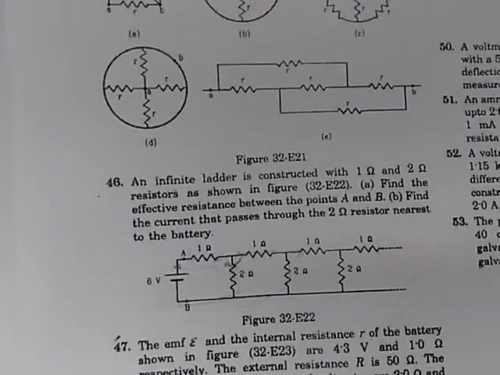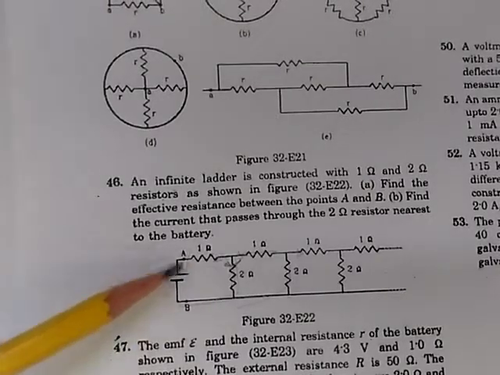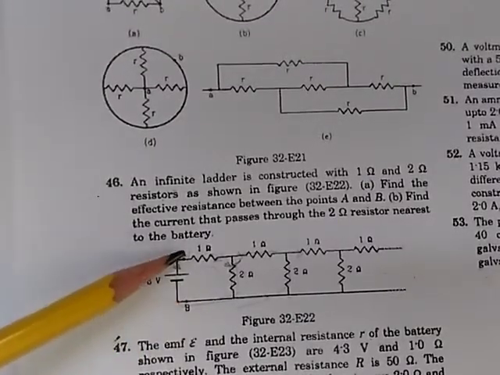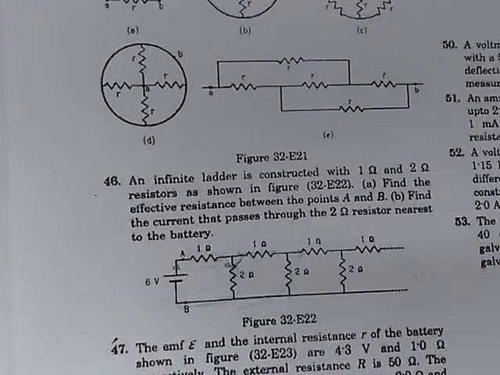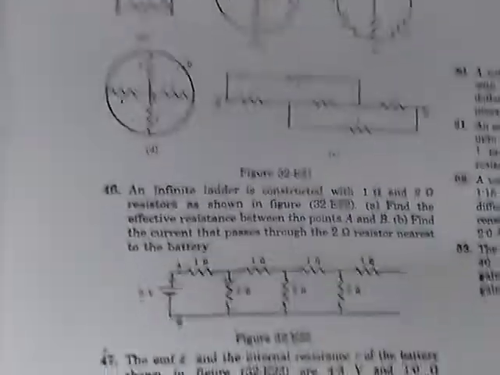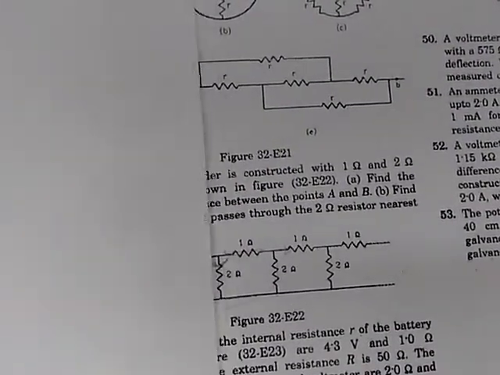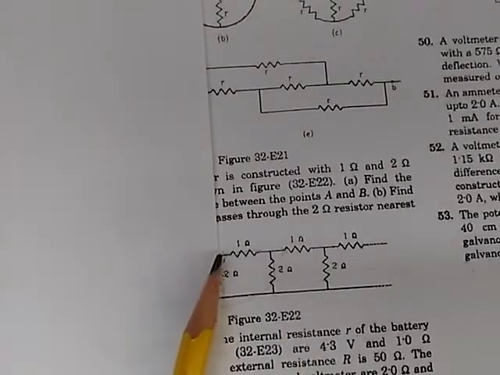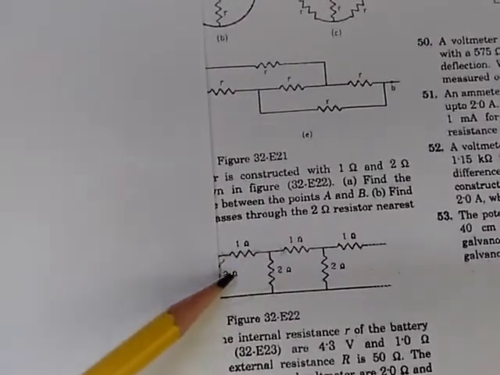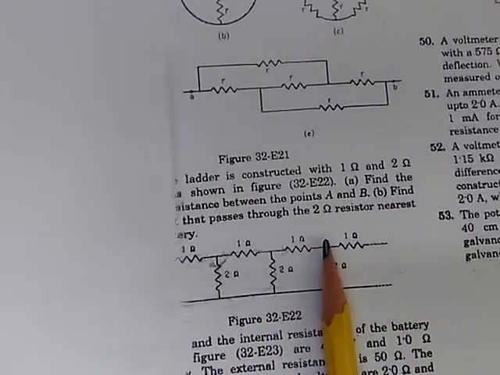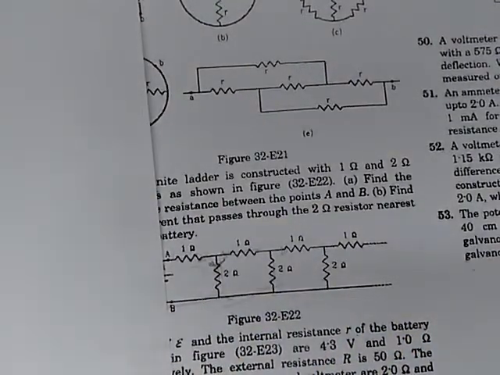The trick in all these infinite ladder resistance problems is this: let us assume that between A and B, looking at this point, the resistance is R. If you mentally remove this ladder, and instead of looking from A and B, you look one step ahead, at the circuit from these 2 points, then the circuit we see from here all the way to infinity is the same as the circuit we see between A and B, because of the infinite structure.